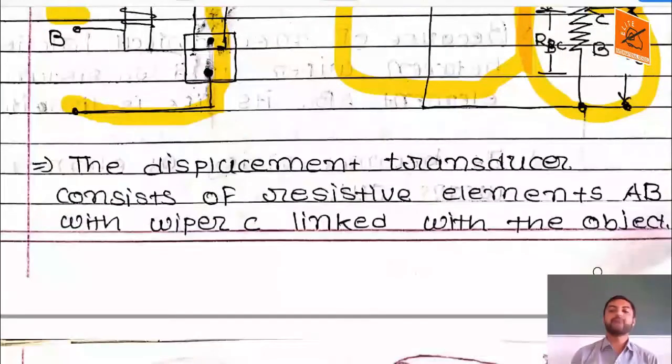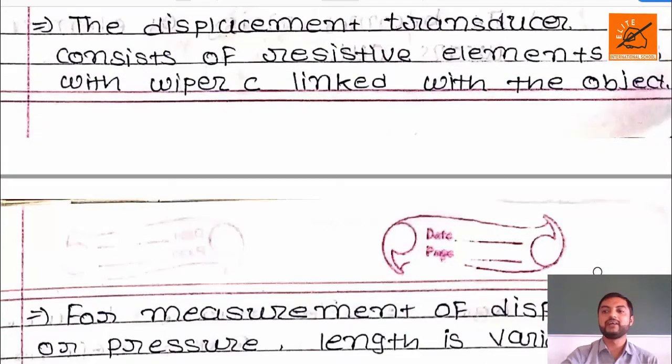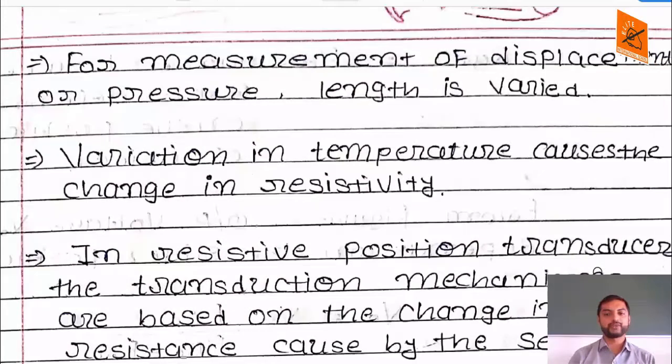The displacement transducer consists of resistive elements A and B with wiper C linked with the object. For measurement of displacement or pressure, length is varied.